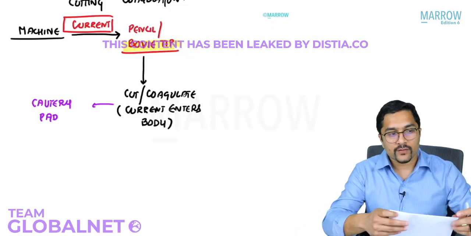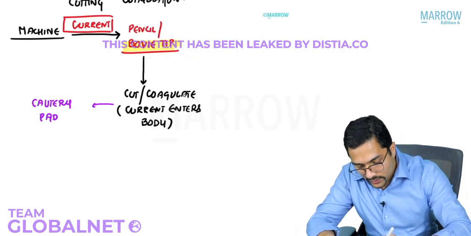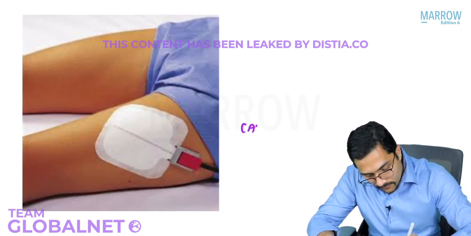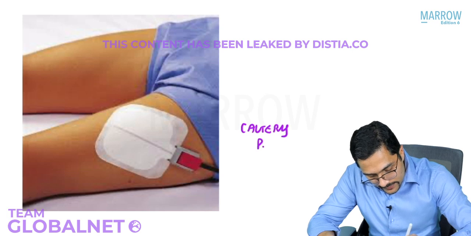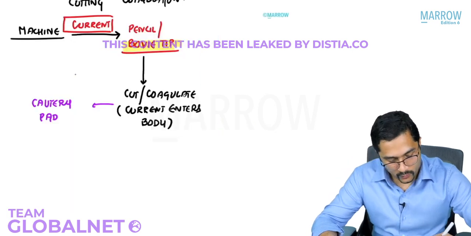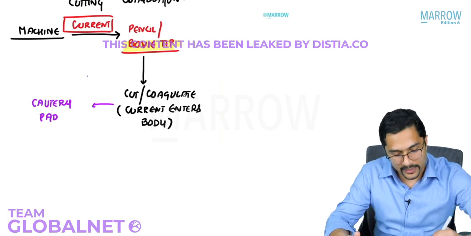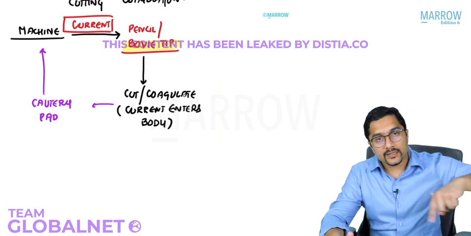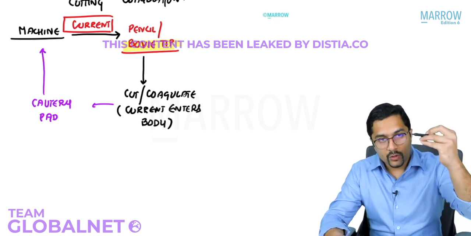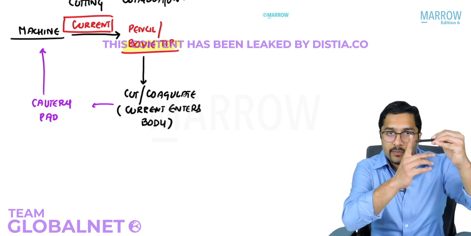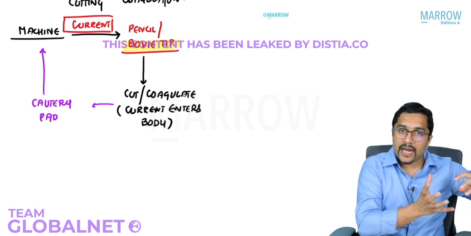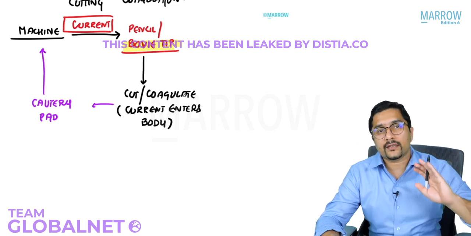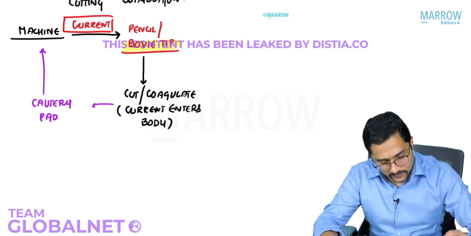And what is the function of this cautery pad? This is where the current is going to go out from. So, all the current comes to this cautery pad and then goes back into the machine, and that is how the circuit is completed, right? So, one electrode is your cautery tip and the other one is the cautery pad from which the current is going to escape out, and this is how the circuit will get completed.